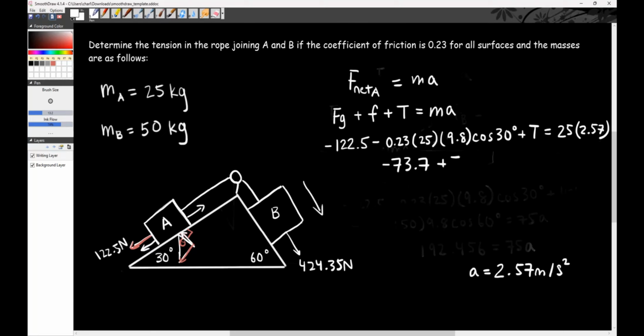Adding tension, and let's calculate what's on the right side. 25 times 2.57. That's 64.25. Now all we gotta do is add 73.7 to both sides.